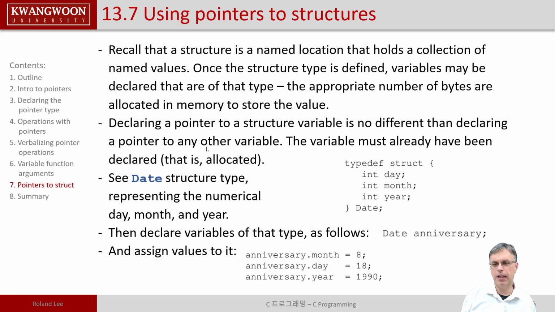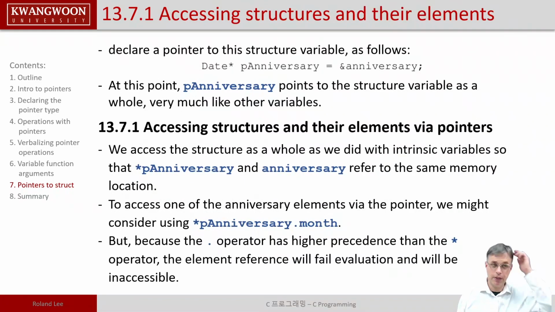Now we can declare a pointer to the structure variable as follows. So date star p anniversary with the address of anniversary. At this point, p anniversary points to the structure variable as a whole, very much like other variables.